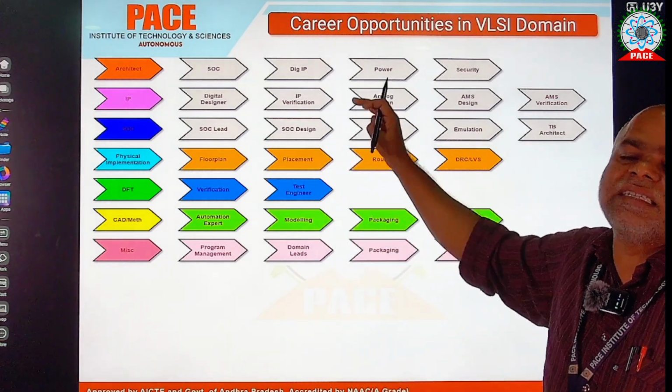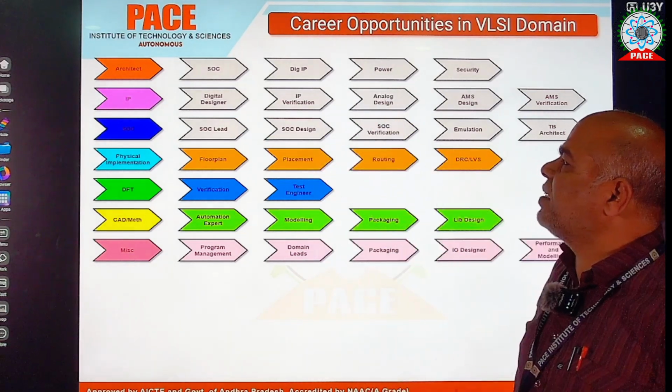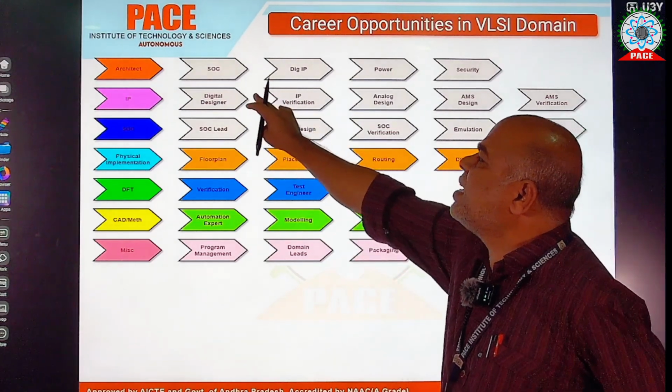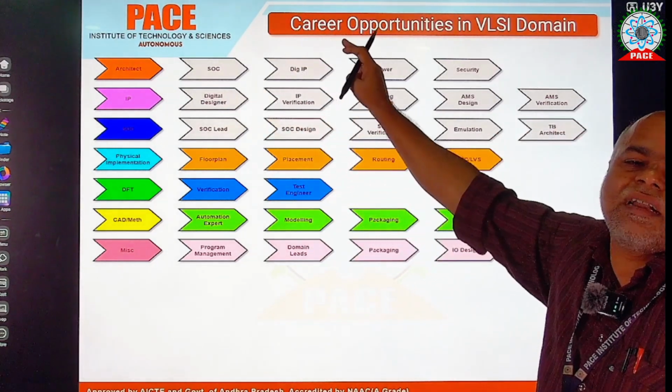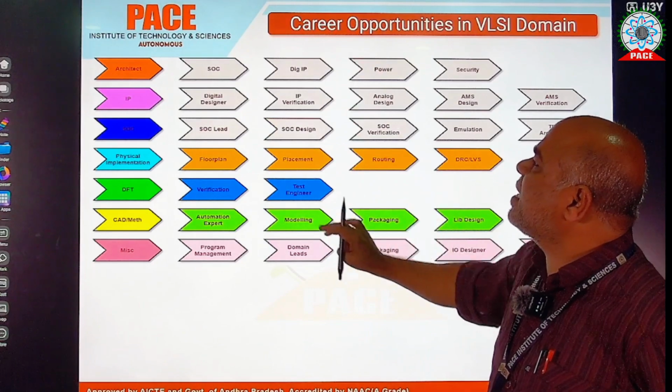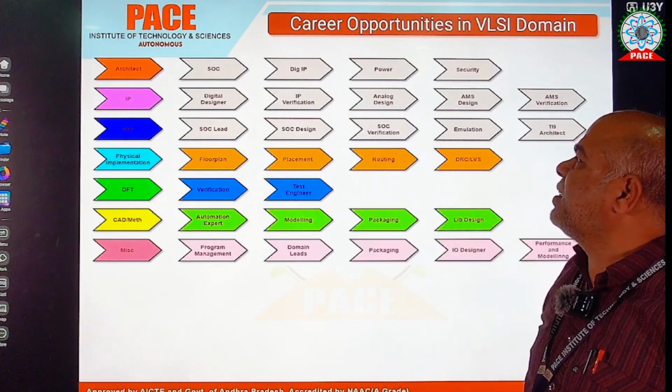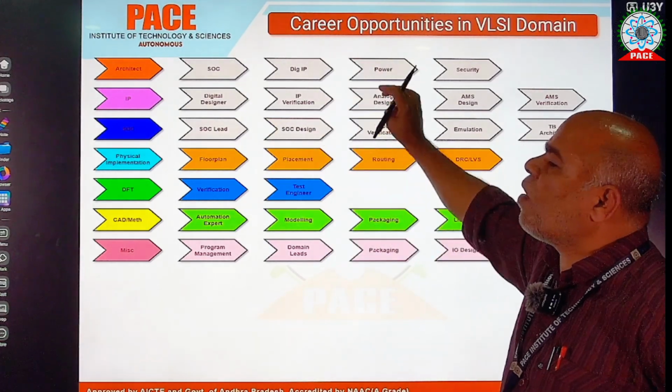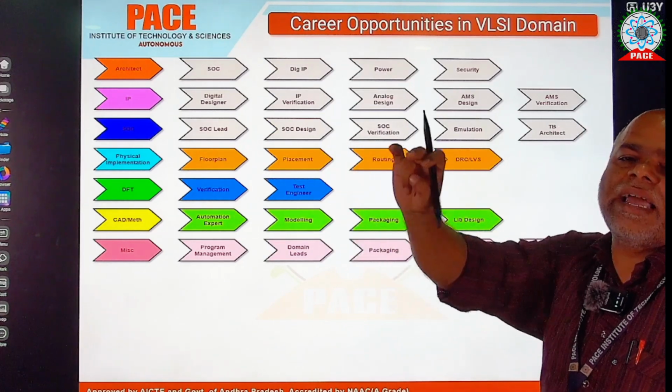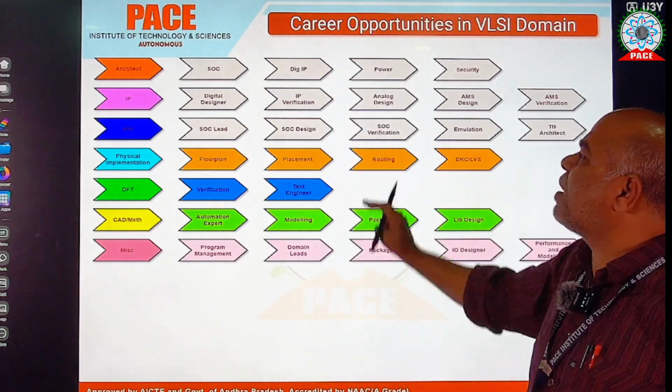That architecture consists of inputs and outputs. Coming to the SOC, SOC stands for system on chip. It is an interconnection of a number of blocks, like a digital system or a smart mobile.